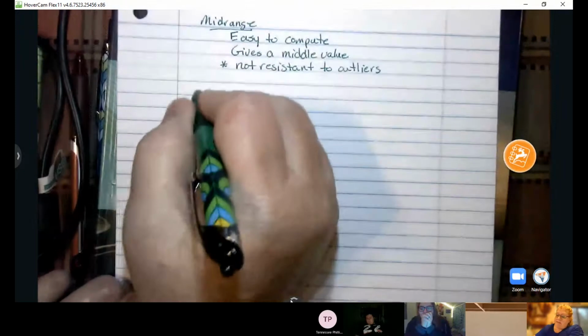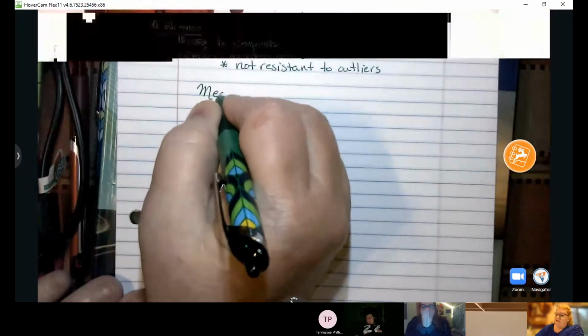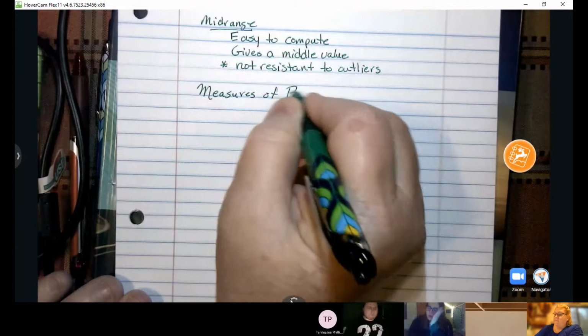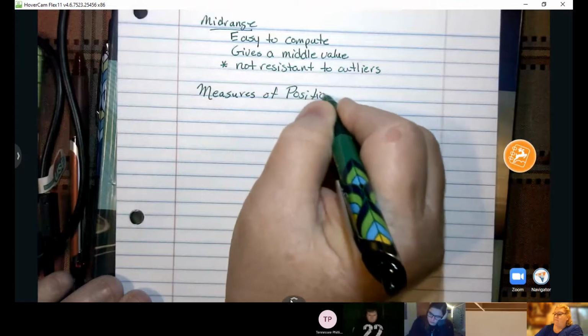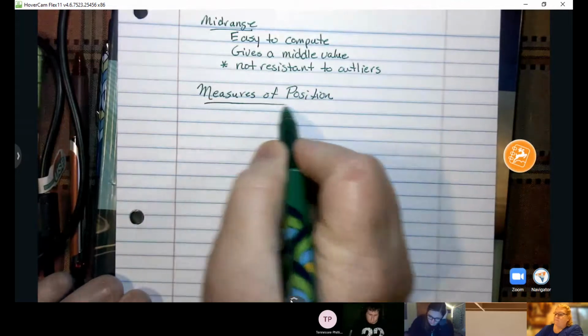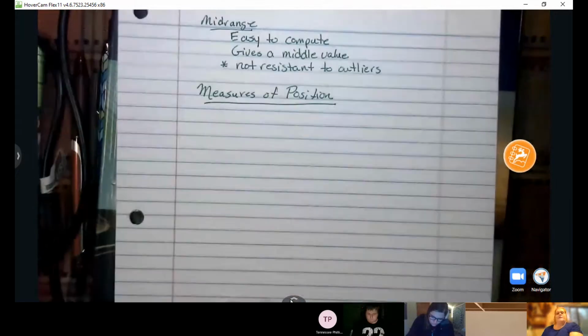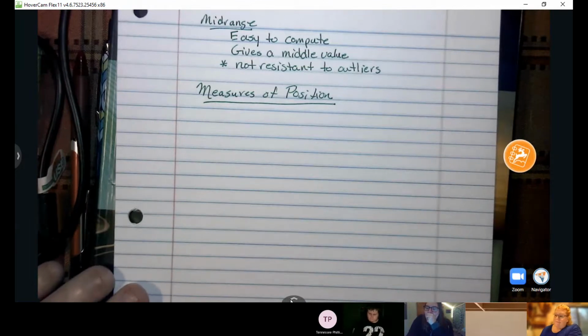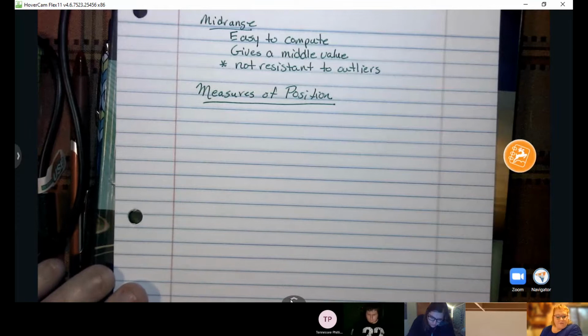Our next topic is measures of position. We're not going to have time to finish all of this, I don't think, before we finish today. So we'll get through what we can, and I'll post the rest in our notes.